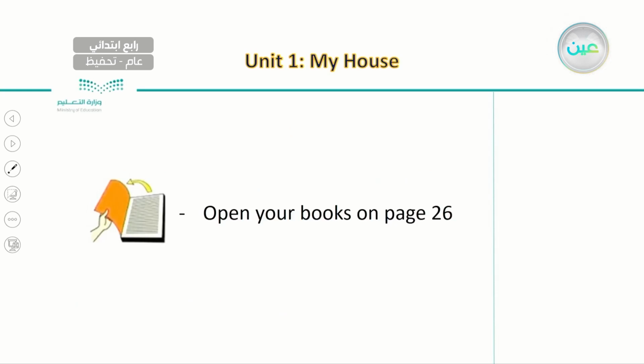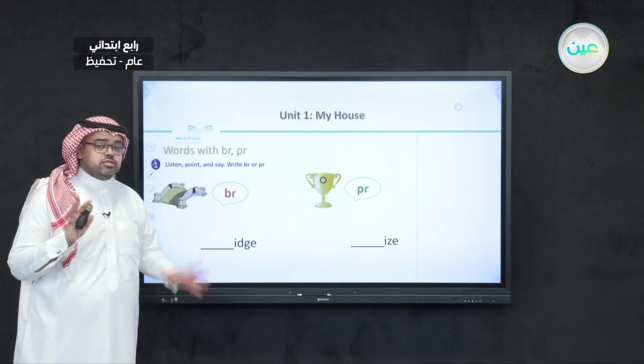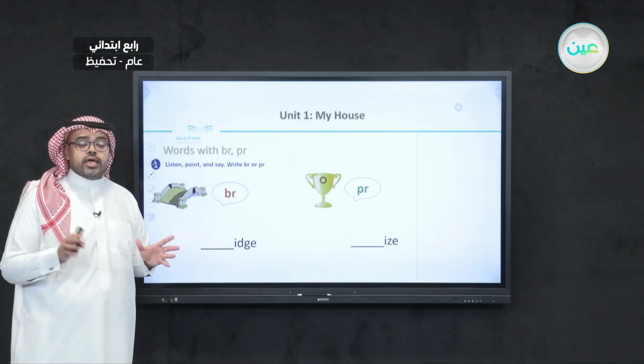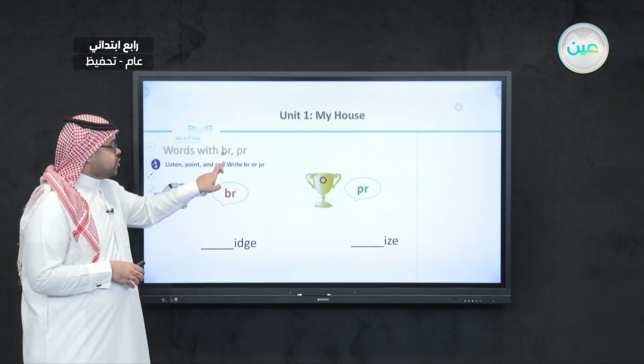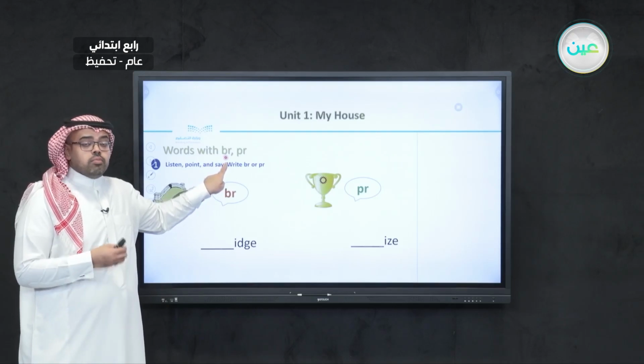I would like you please to open your books on page 26. Now, on page 26, we have an exercise called words with BR and PR. As you're going to know, we have a slight difference between B and P. With the first one here, we pronounce it like B, like book, box.